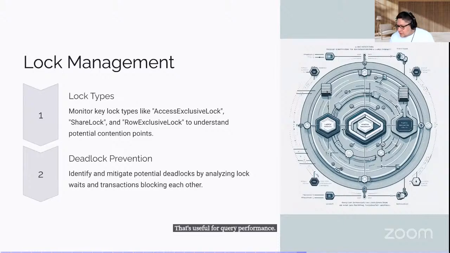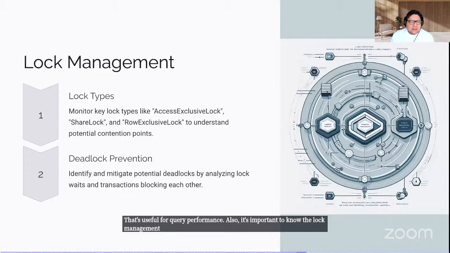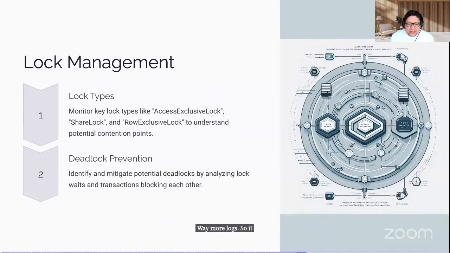Also, it's important to know the lock management of Postgres, the lock types, what their names are. MySQL has specific locks like gap locks that depend on the isolation level. Postgres has way more locks, so it's important to understand that.